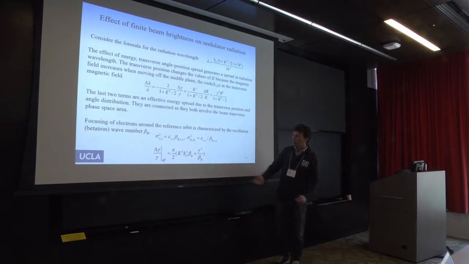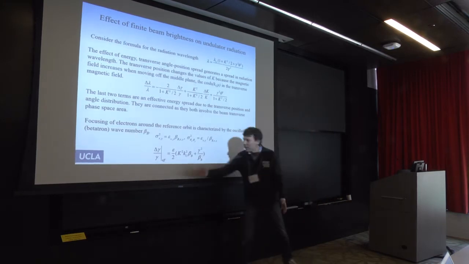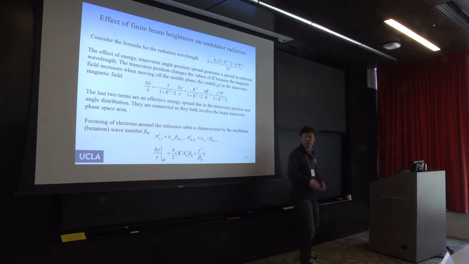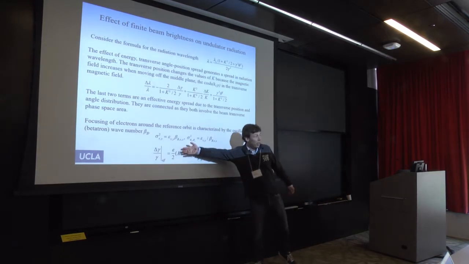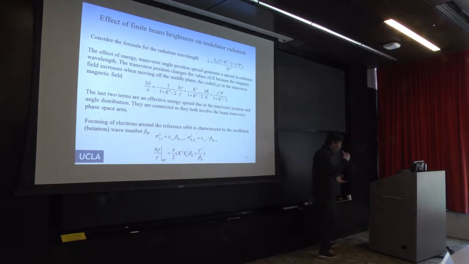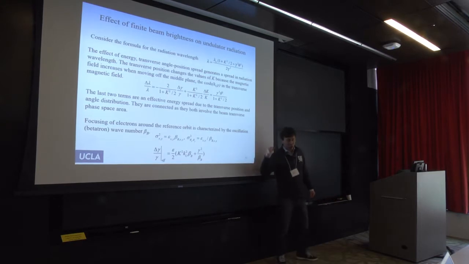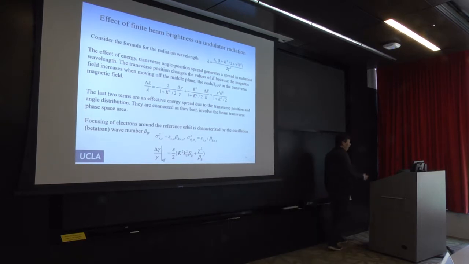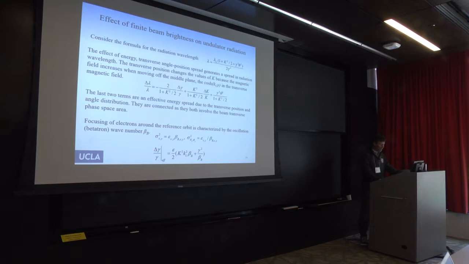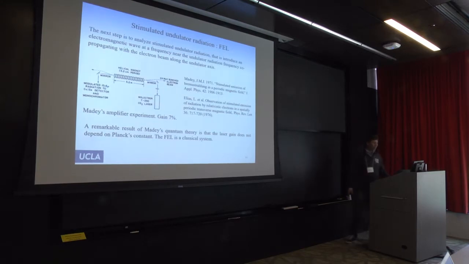So basically the contribution to the effective energy spread, the effective radiation spread of the particle, will depend on the emittance and also importantly on the beta function, on the choice of your focusing system. This will come back when we analyze the conditions for the free electron laser to happen.